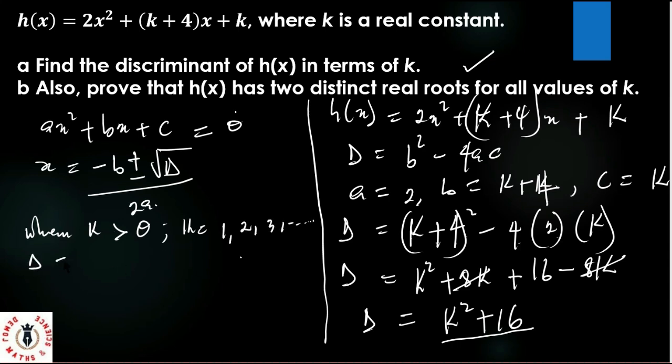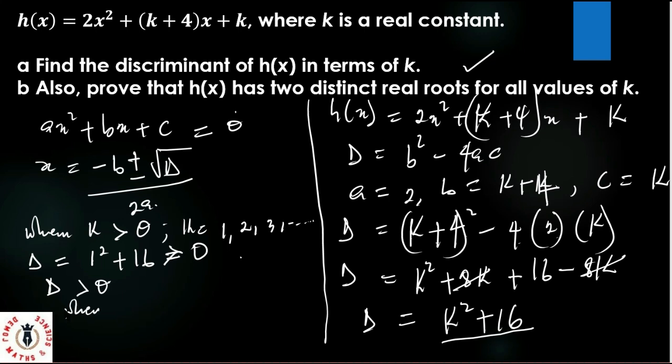If k is 1, that's 1 squared plus 16, which is going to be greater than 0. So when k is greater than 0, my d will always be greater than 0, so there are two distinct roots.